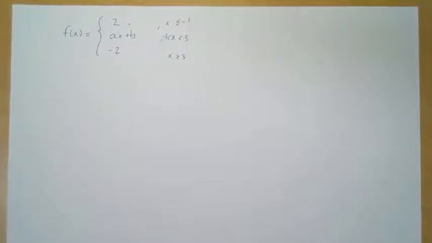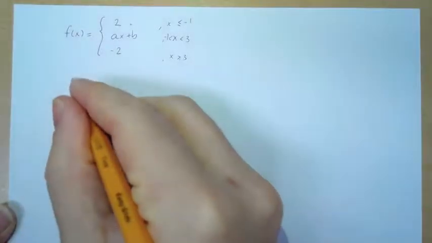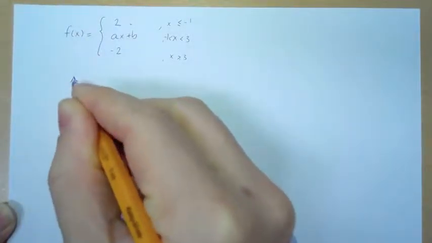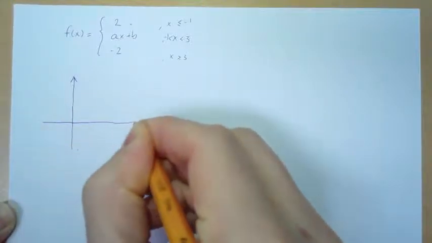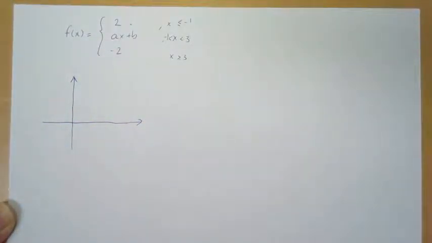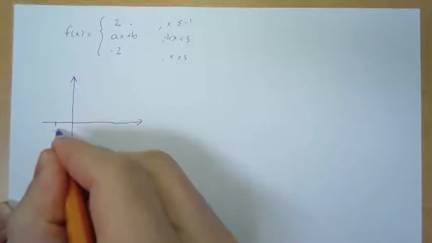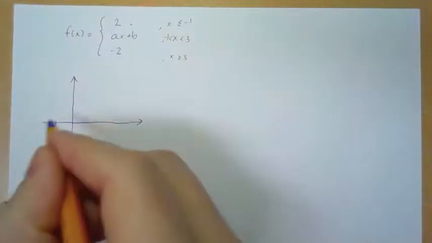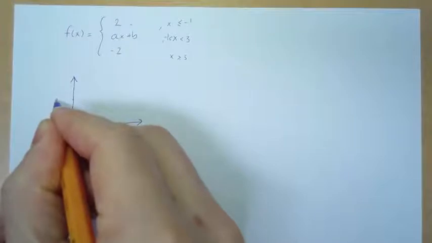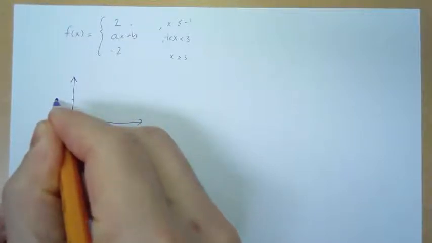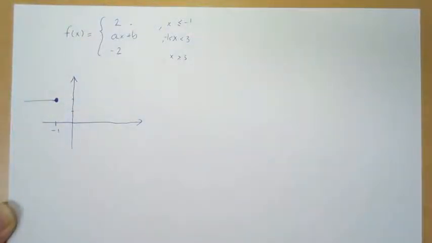Firstly, when we have a problem like that, we should sketch the information we have. We know that f of x is equal to 2 when x is less than or equal to -1. So if we simply start with a system of axes and we write x = -1 here, and we know that f of x equals 2, it's a full dot because x equals -1 is included.